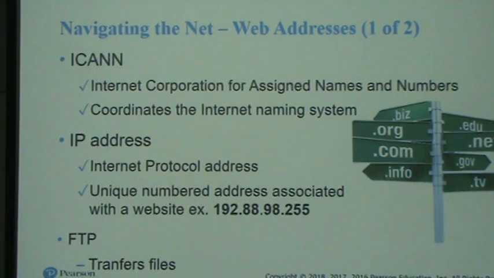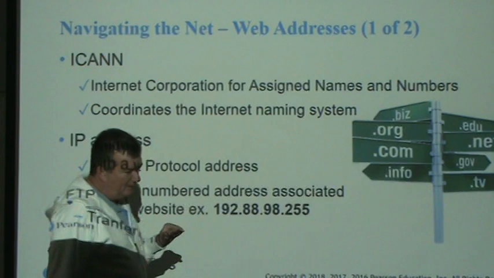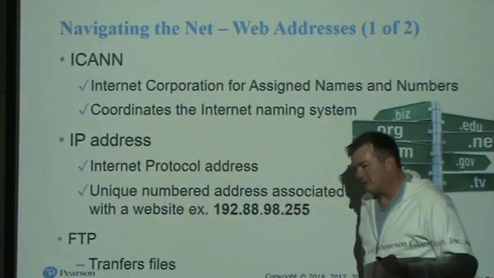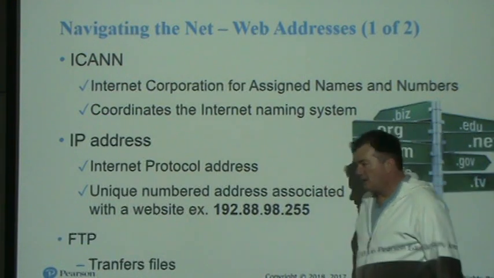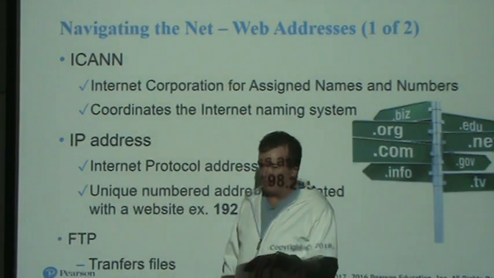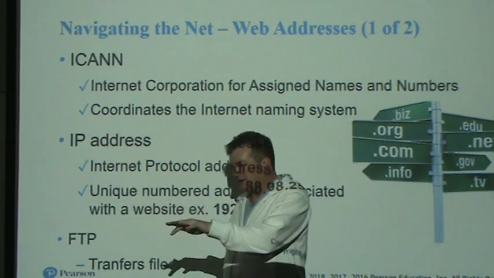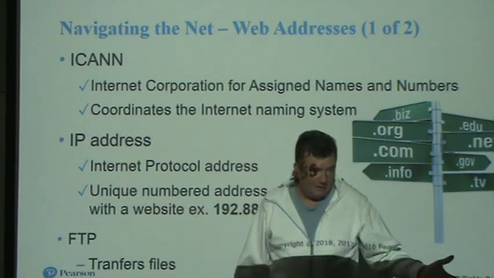Okay, so ICANN is the naming referee as far as the namings go. It's the Internet Corporation that assigns names and numbers. So for example, if you wanted to start your own company, and you're wondering if www, let's say, your first name followed by your last name, .com is available.